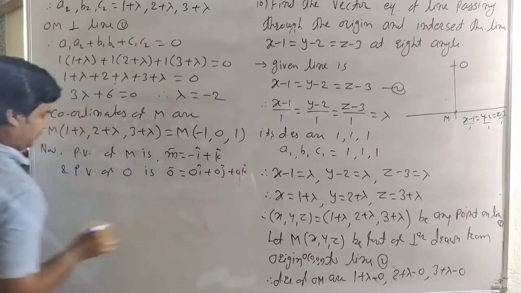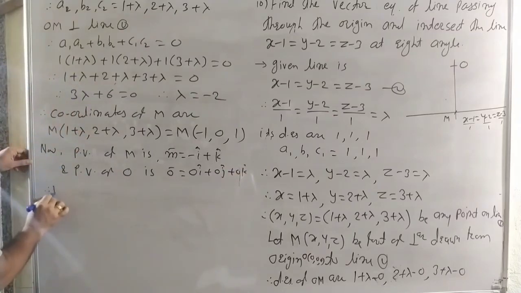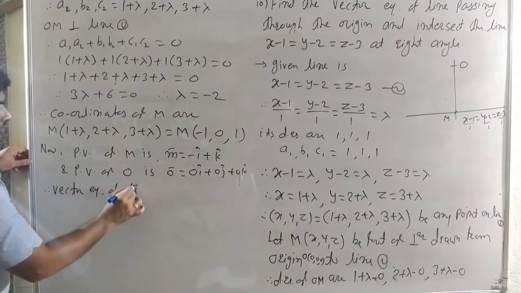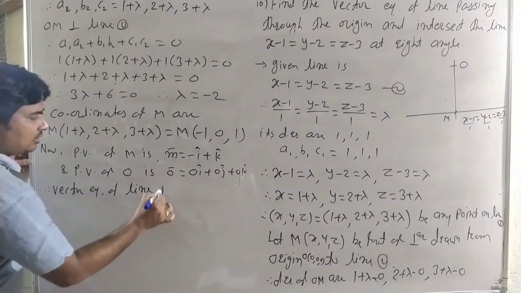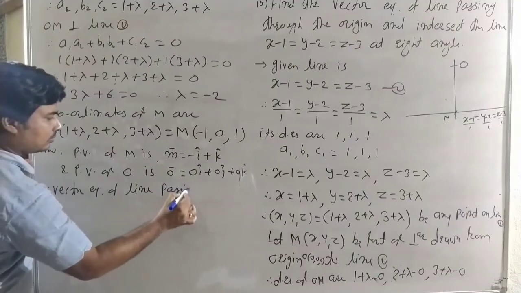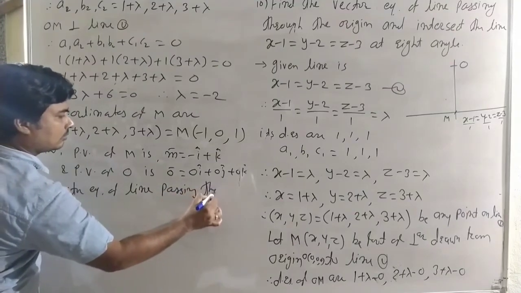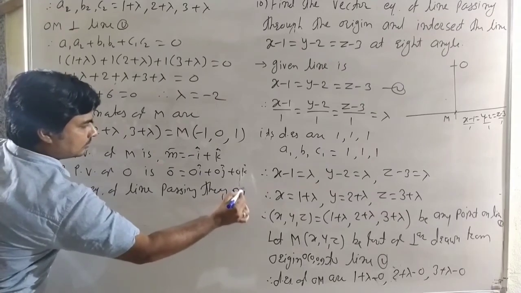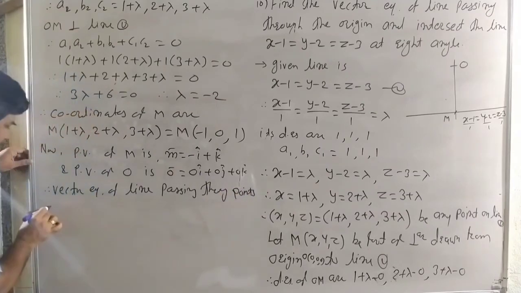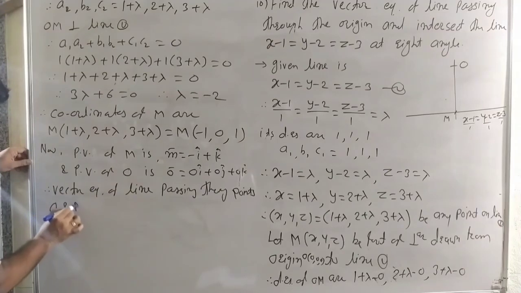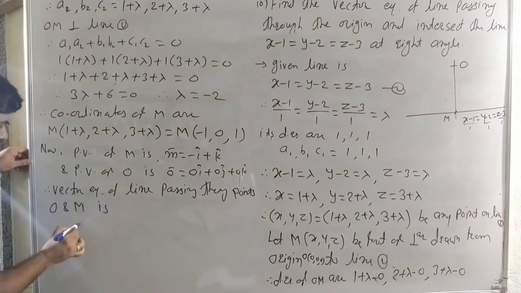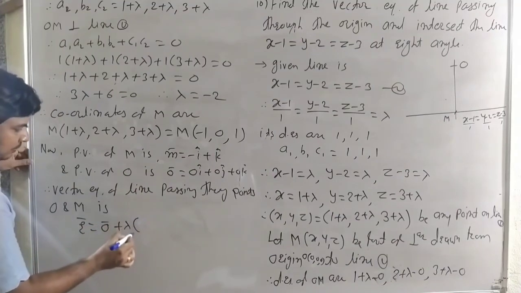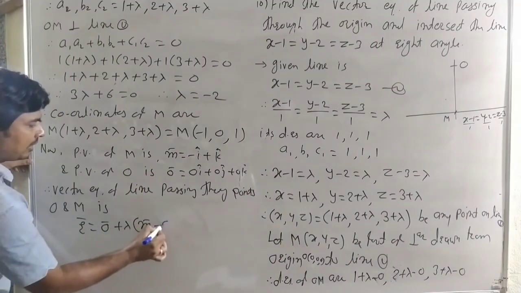These are the two points. Therefore the vector equation of the line passing through points O and M is, see carefully, r bar is equal to O bar plus lambda into M bar minus O bar.